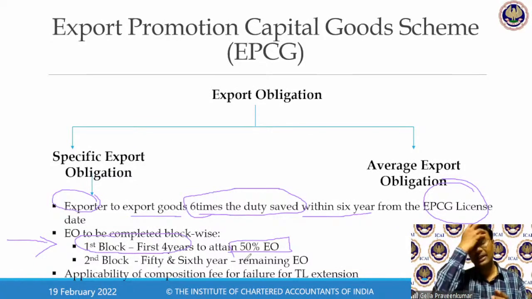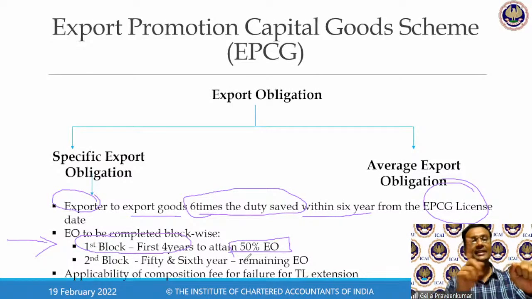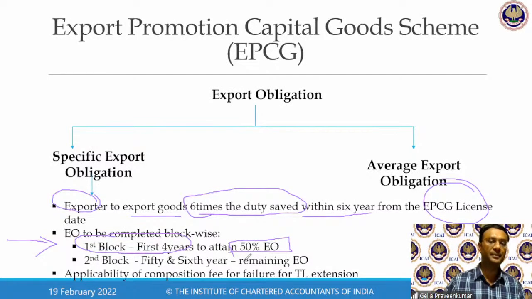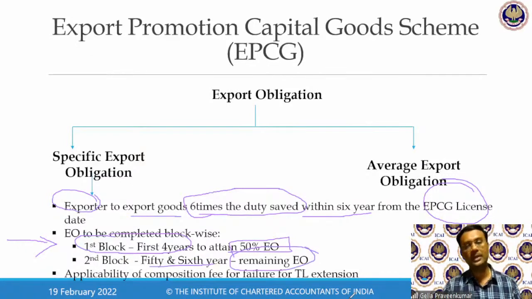Let's take an example. Sir, 6 lakhs is the worth of material I have to export. 1 lakh is the value of duty I have saved. On 1 lakh, 6 lakhs you are saying. So in year 1, year 2, year 3, year 4, at least make exports of 3 lakhs. That is what they say. In the second block, that is the 5th and 6th year, you meet the remaining export obligation, that is the balance 3 lakhs.